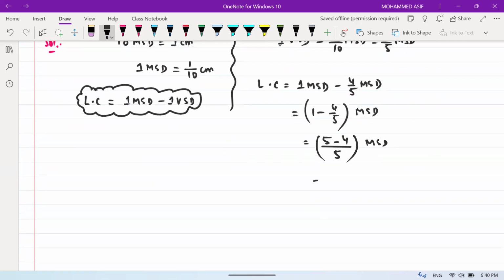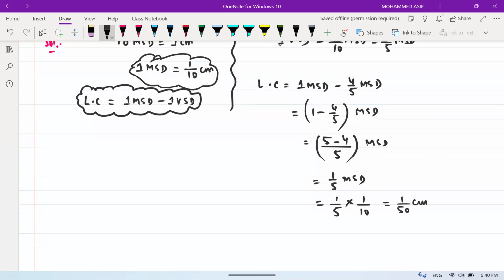So this will be equal to 1 by 5 MSD. 1 MSD is equal to how much, beta? 1 by 5 into 1 by 10 centimeter, that is 1 by 50 centimeter. 1 by 50 centimeter will be equal to how much, beta? This will be 0.02 centimeters. This will be the answer.